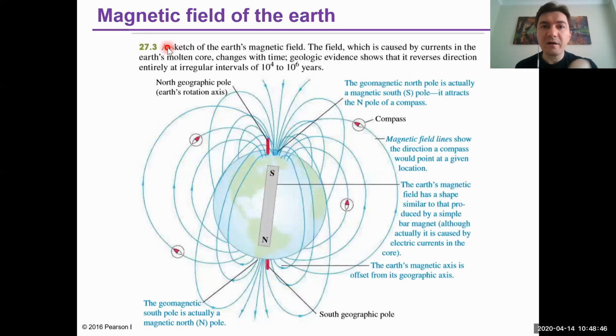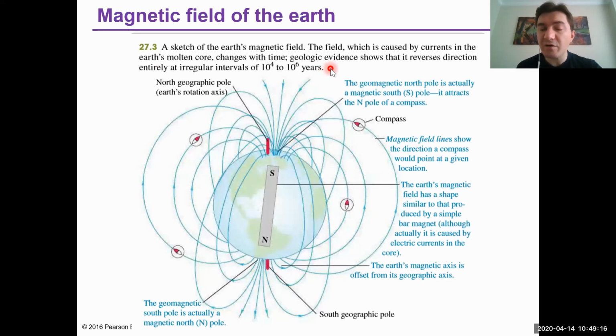So let me read that information, then go into a little bit more detail. The field is caused by currents in the Earth's molten core. So what is the source of the magnetic field of the Earth? Currents in the Earth's molten core, which change with time. Geologic evidence shows that it reverses direction entirely at irregular intervals of 10⁴ to 10⁶ years.